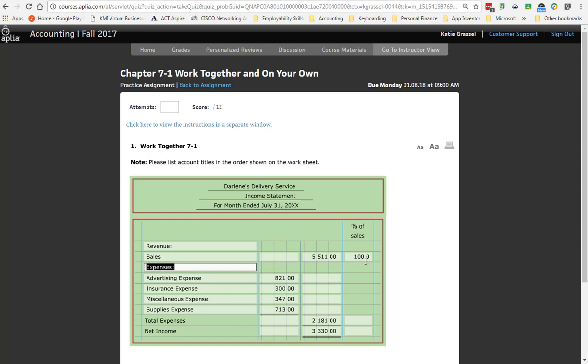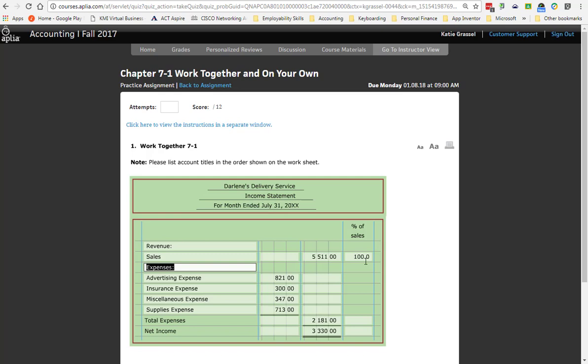Now, we have to do it 2 more times. I need to do it right here for total expenses. So in your calculator, you're going to take $2,181 and divide by 5,511. Now, when I did that in my calculator, I got 0.395753946.